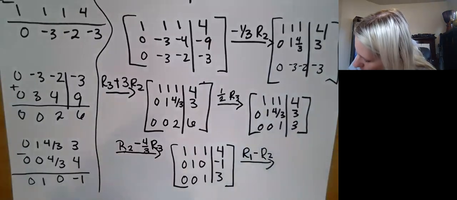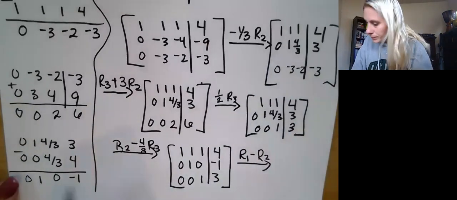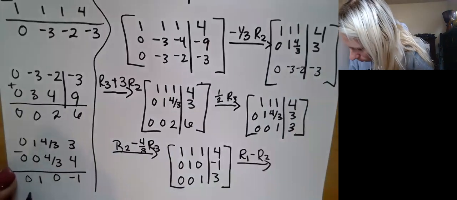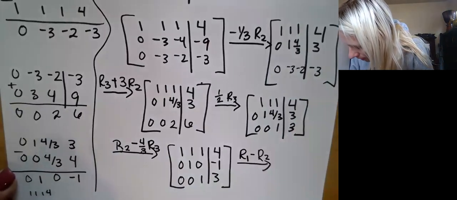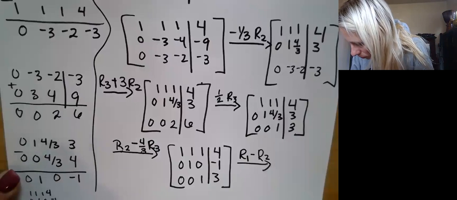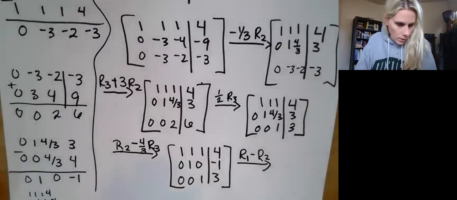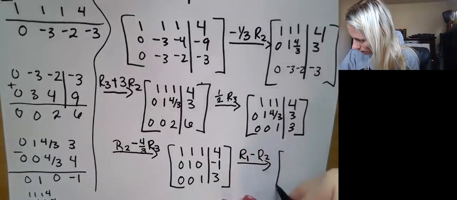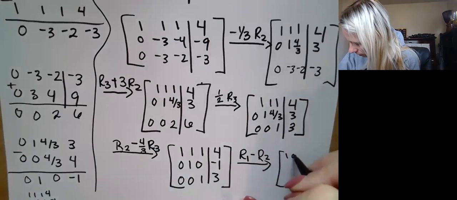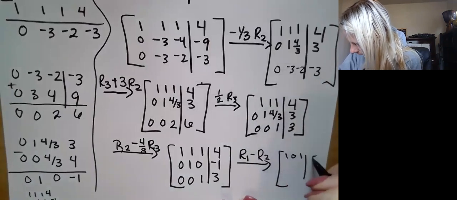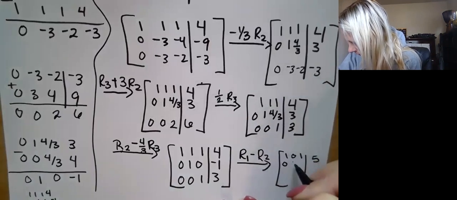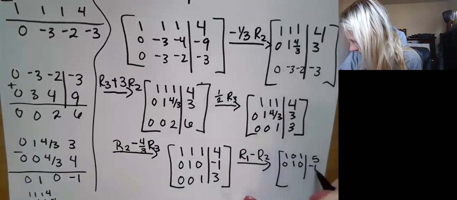Okay, so if I do my work here, row 1, 1, 1, 1, 4, minus 1, 1, -1. So I get 1, 0, 1, 5. New row 1 is 1, 0, 1, 5, 0, 1, 0, -1, 0, 0, 1, 3.